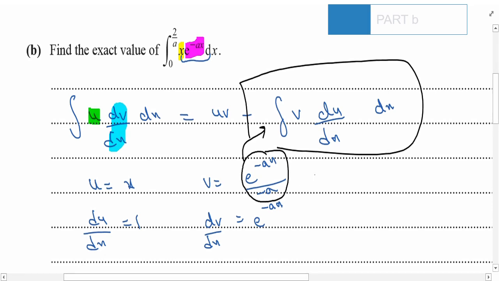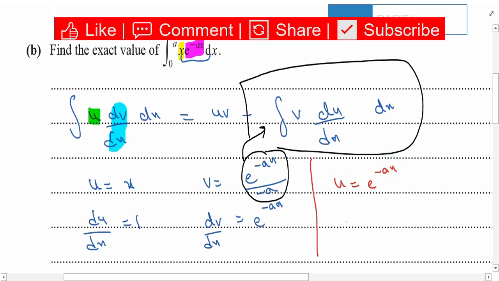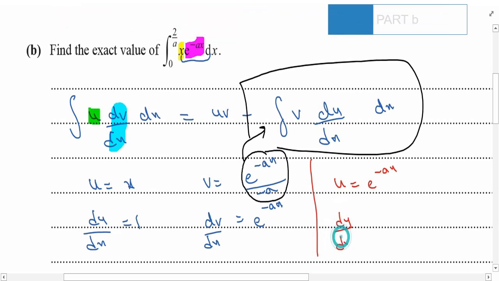Let's say we do it the other way around, so u equals e to the power of minus ax, then du by dx becomes minus a e to the power of minus ax. By the way, you can skip this part. I'm just showing why we are taking the blue one and not the red one. So dv over dx would become x, and v would become x squared by 2.